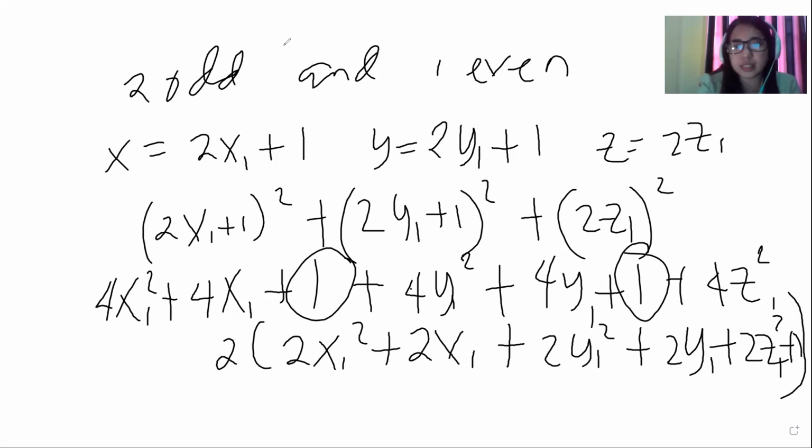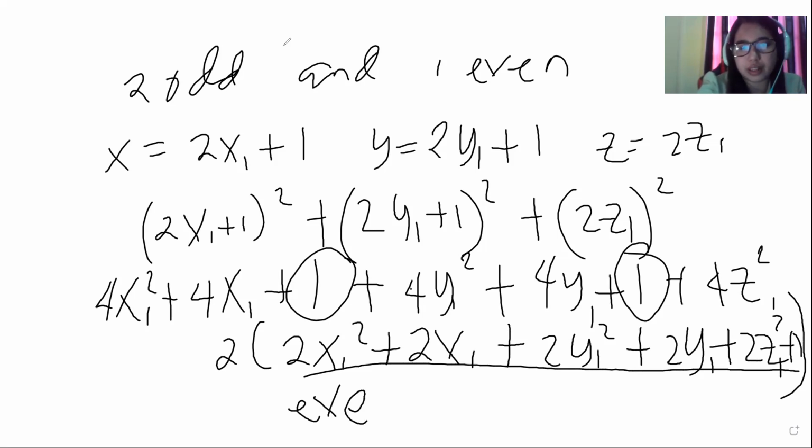Which means this again yields an even result. So if we have two odd integers and one even integer, the result is also even. Again, this confirms that there do not exist such integers.